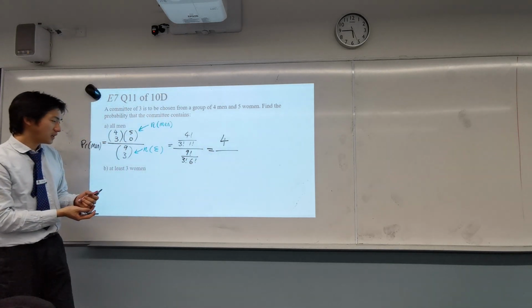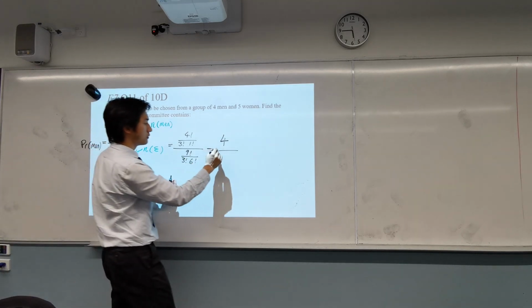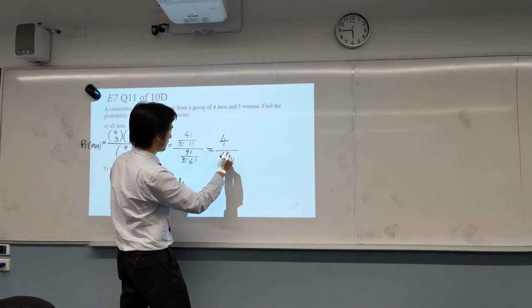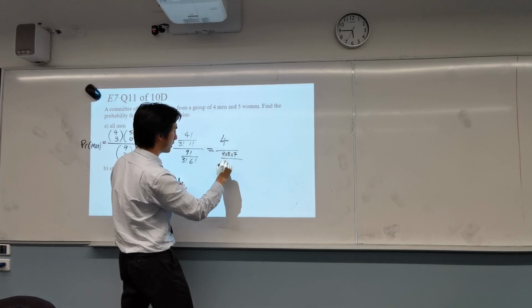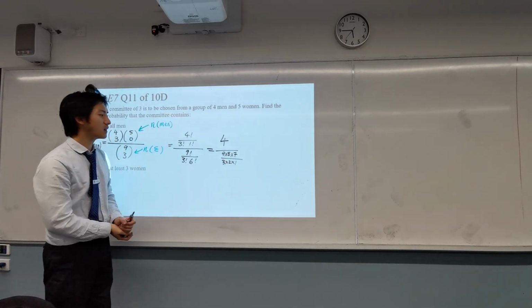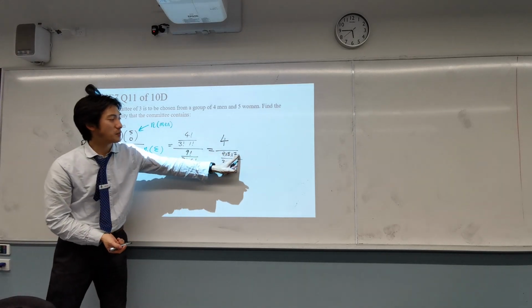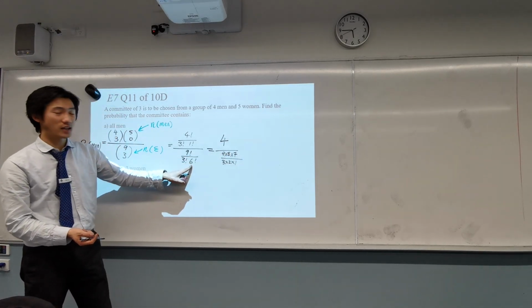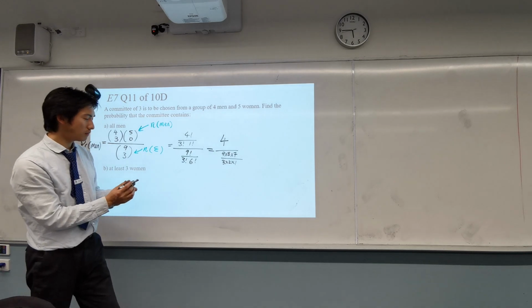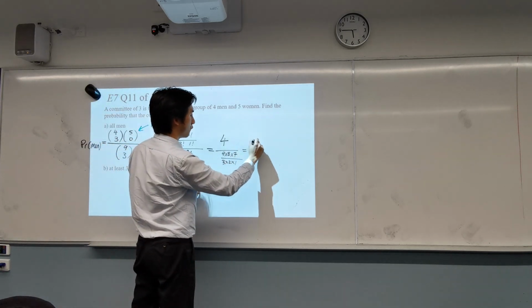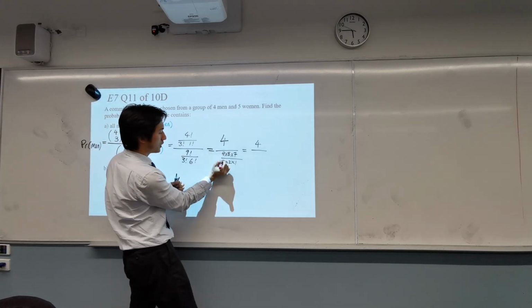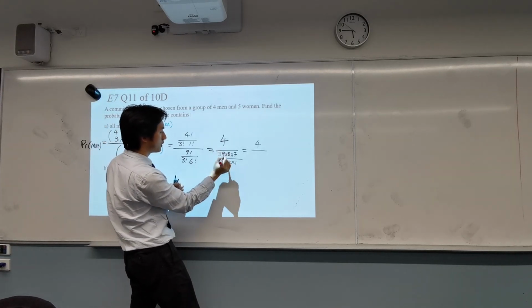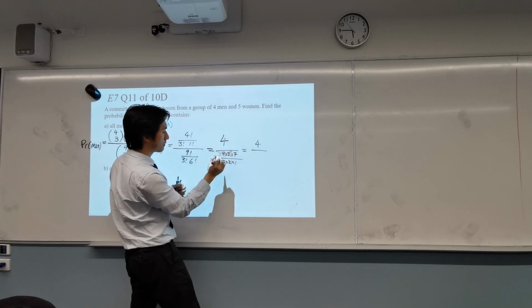We divide this by 9 choose 3, which is 9 times 8 times 7, divided by 3 times 2 times 1. I've neglected to write down the numbers that come after 7 because you've already cancelled them out at the bottom. This is 4 divided by, let's do some cancelling. 3 cancels with 9 and 2 cancels with 8.